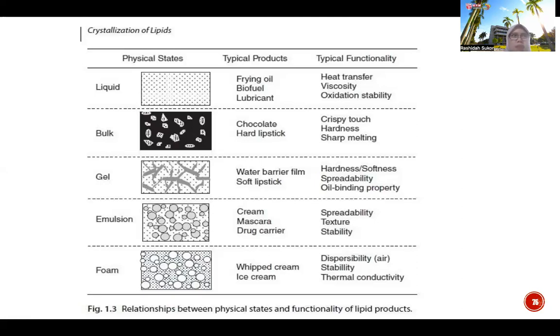Normally they use 471, I think the numbers 322 and 471. 471 is not soy lecithin, but 322 is soy lecithin, which is used a lot in food systems as an emulsifier. Emulsion can give good functionality for spread, texture and stability. And then another one is foam, like whipped cream and ice cream. That one is good for dispersibility, stability and thermal conductivity.